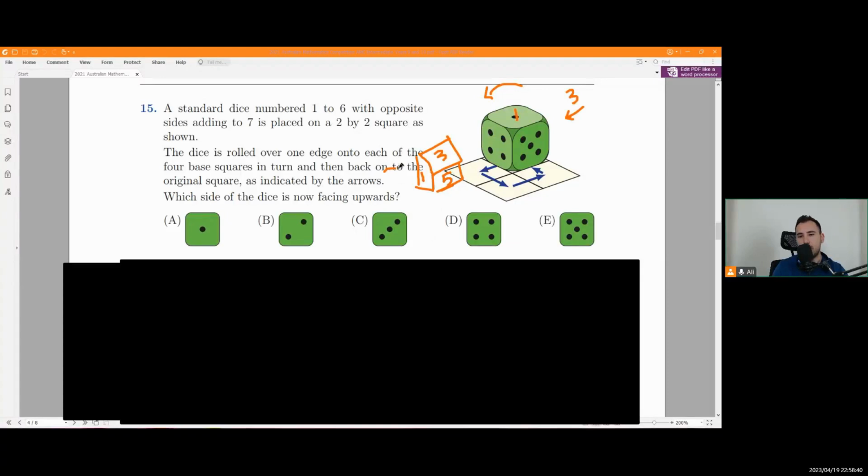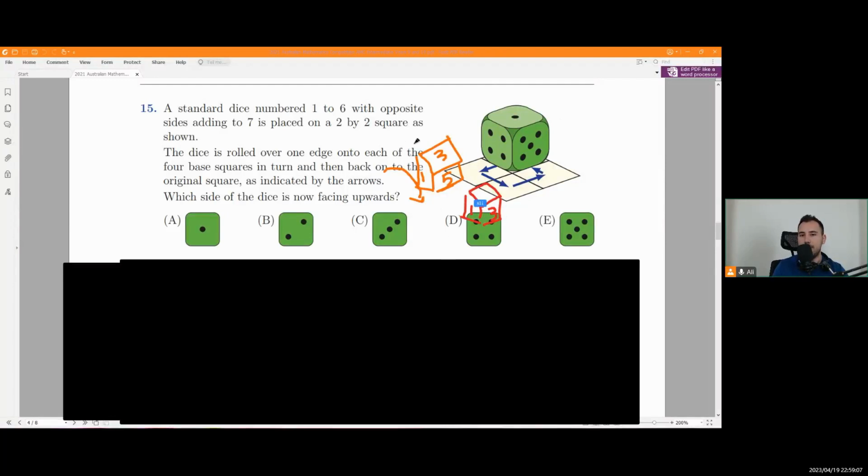So now we want to move over like this in this angle. So let's change the color. When we rotate like this, the value of 1 wouldn't change. This 3 will be here.